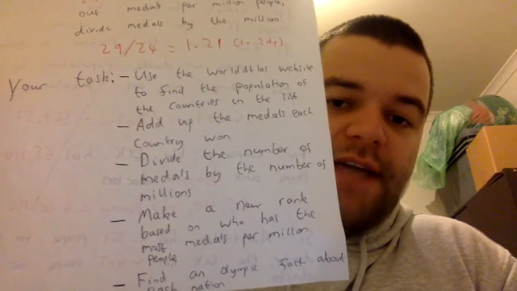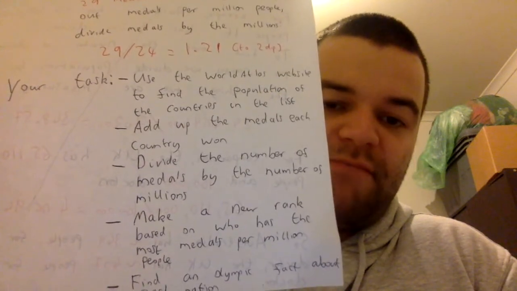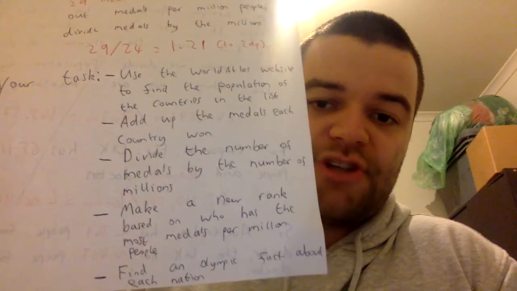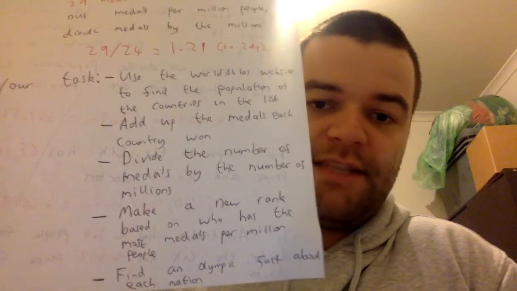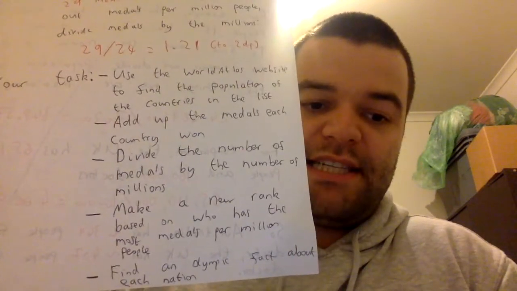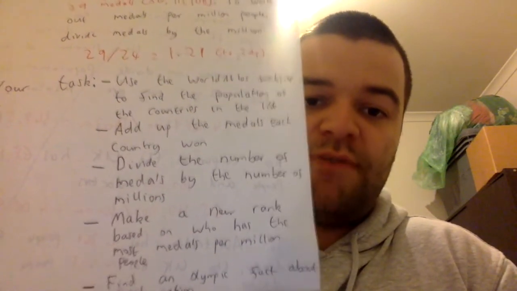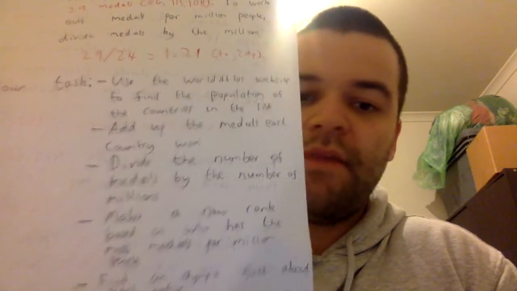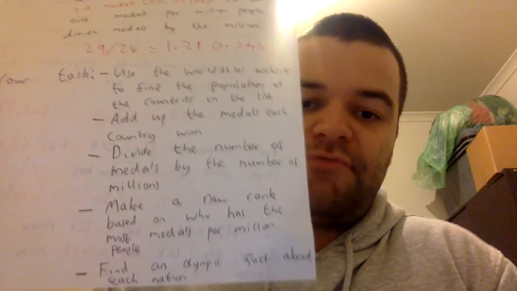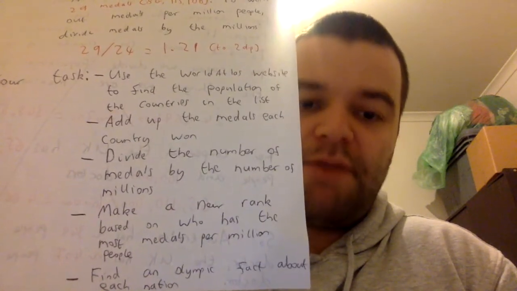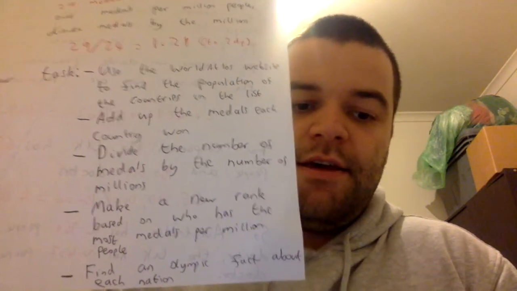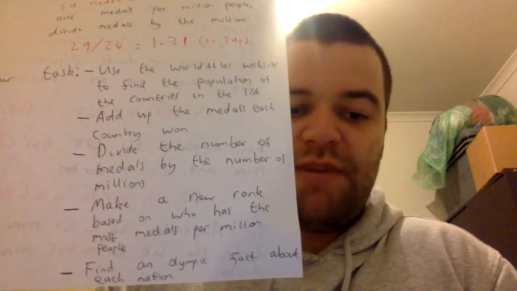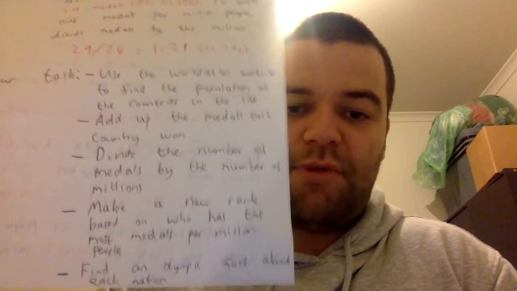You need to divide the number of medals by the number of millions. So for example, if a country's got 30 million people to the nearest million and it wins 12 medals, you do 12 divided by 30, not 12 divided by 30 million. Then you need to make a new rank based on who has the most medals per million people. Okay, so remember that will give us a good idea of who's winning medals, even from quite a small population.